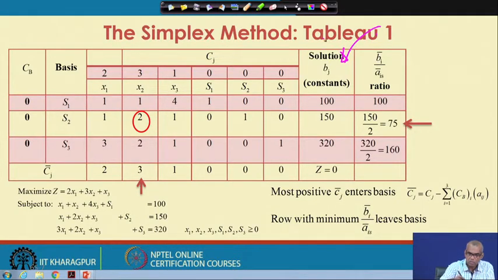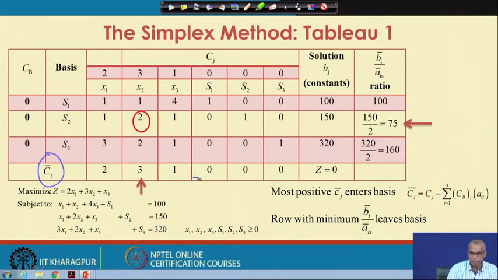Now, the first step is to compute the relative profit coefficient Cj bar. We know for basic variables Cj bar equal to 0.